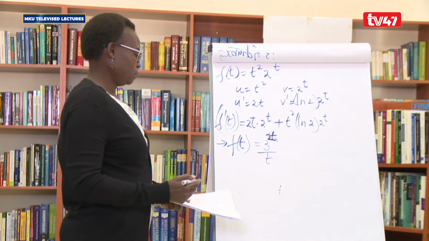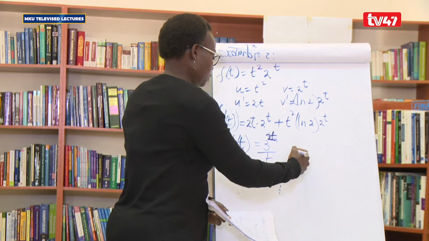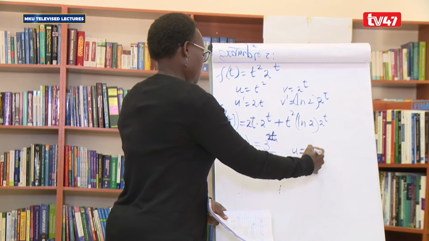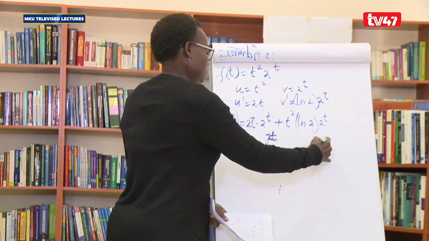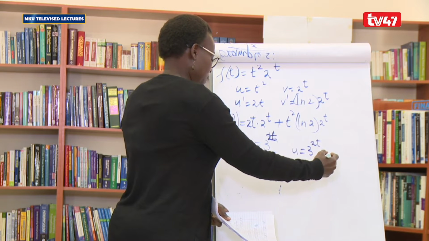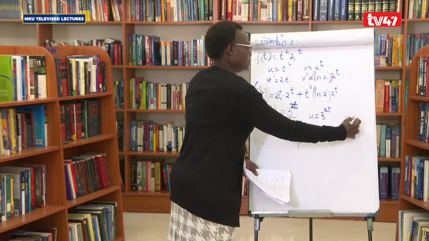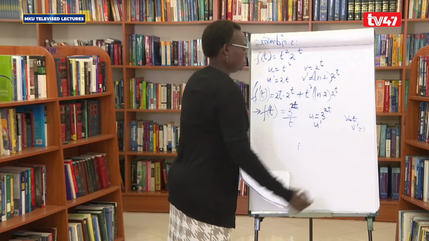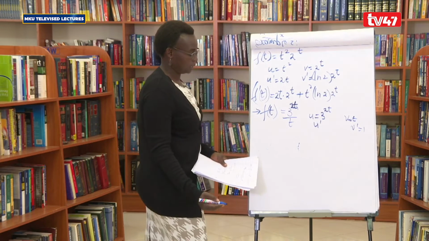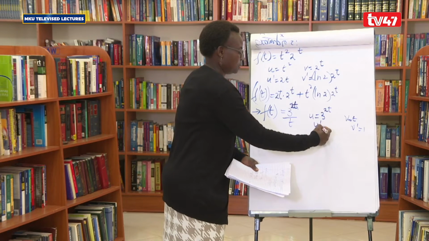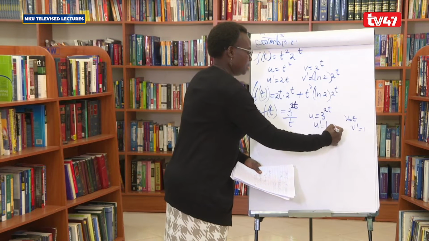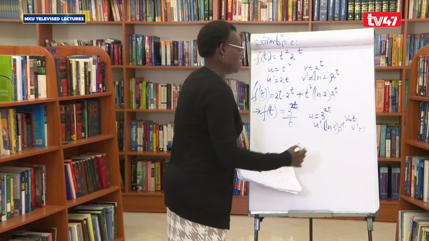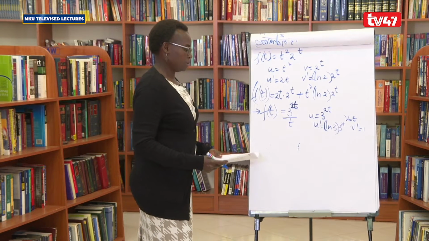So same thing again, we get what is our u. So our u in this case will be 3 raised to power 2t, and then our v will be t. So v bar will be 1, and then u bar will still use the same, ln 3 times 3 to the 2t.